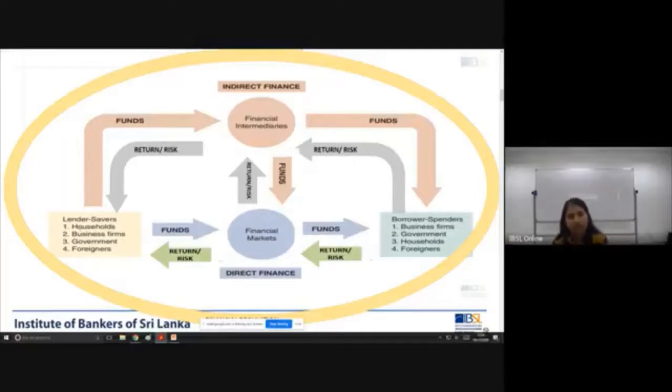Now, in that particular year, that company has made good profits. So for one share held, the company gives 10 rupees as dividends, which is a return to you. You have made an investment of 100 and they are giving you a return of 10 rupees. So the return comes from the deficit unit to the excess unit.